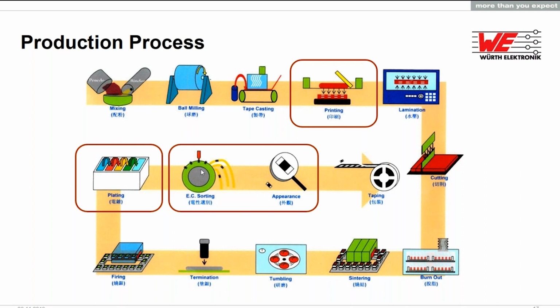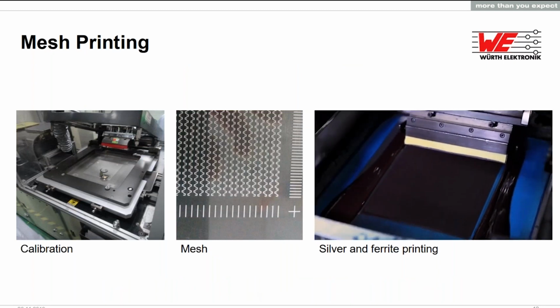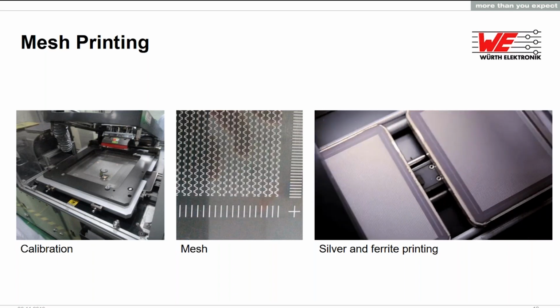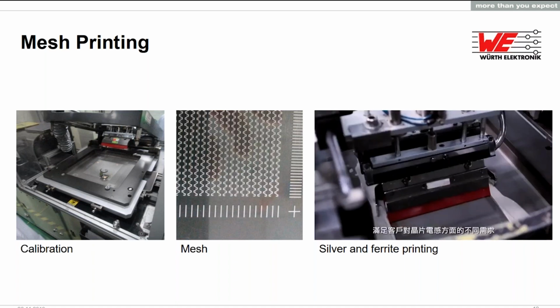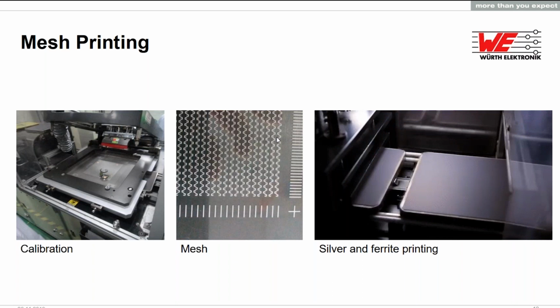So I've highlighted here 4 boxes, which we will have a look into the process. Mesh printing. First, you would calibrate all your devices, to make sure that all the meshes match up in line with the panels. This is a mesh board where you can see little white cutouts.